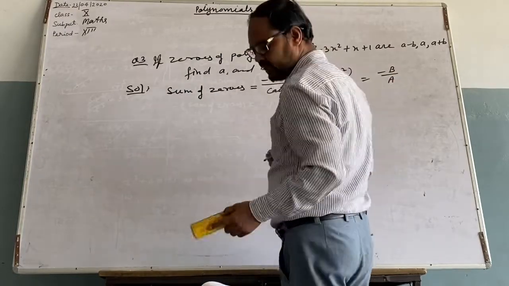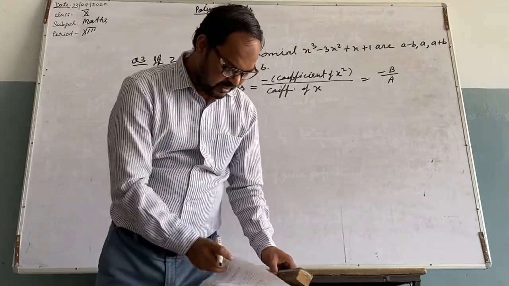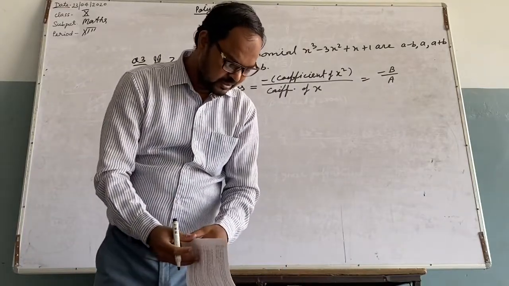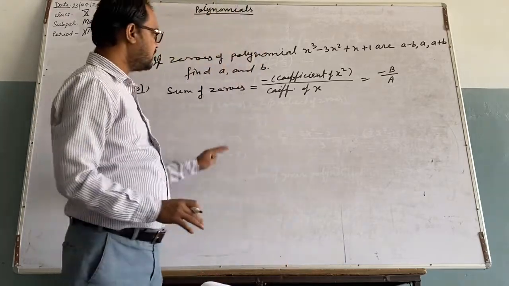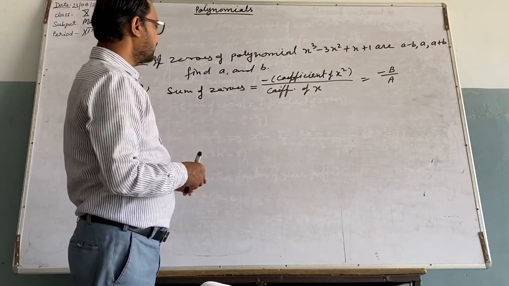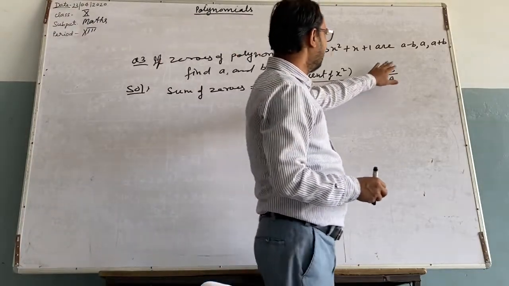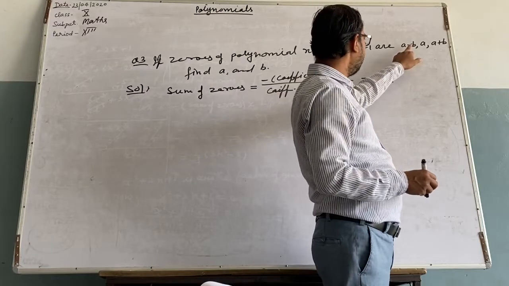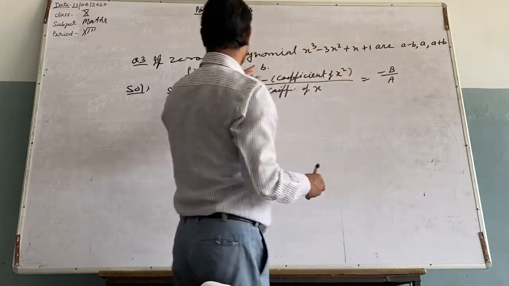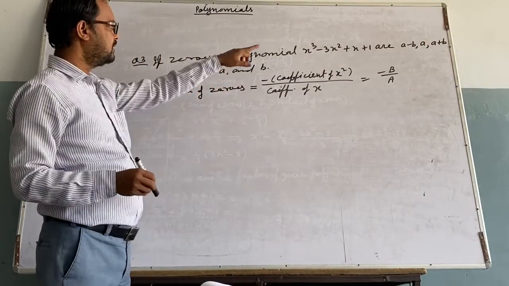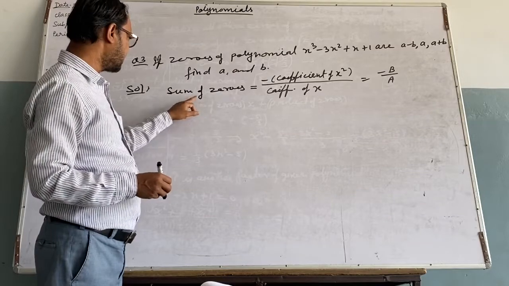We are using capital A and capital B here because small a and small b are already used in the question. So in the next we will try this symbol only. Here the 3 zeros are a minus b, a and a plus b. So now first thing is sum of zeros.